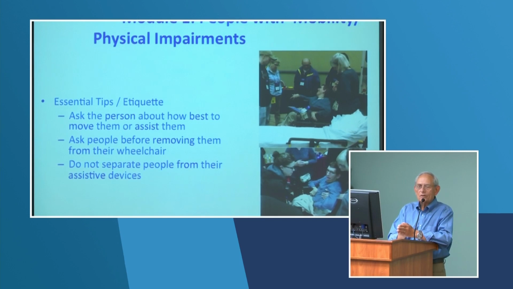Ask people, do you need help getting out of your chair, or are you able to get up? Many people in wheelchairs are very good and very strong, and they're very good at moving from chair to chair, different positions. Ask them if once they're up, they can move without assistance. Now, obviously, if it's an emergent situation, you have to work quickly.